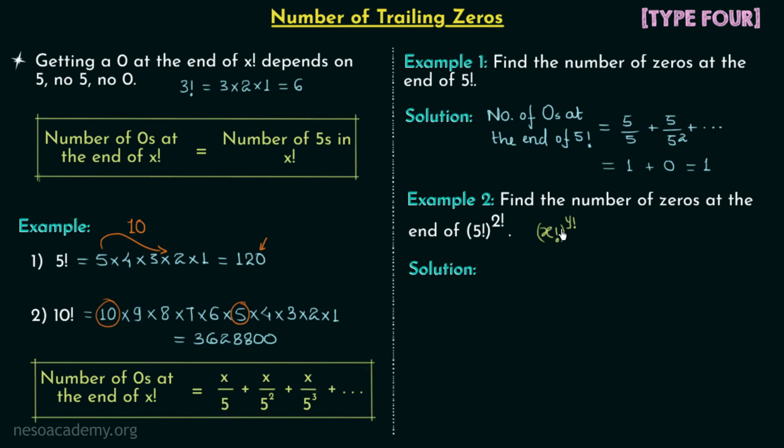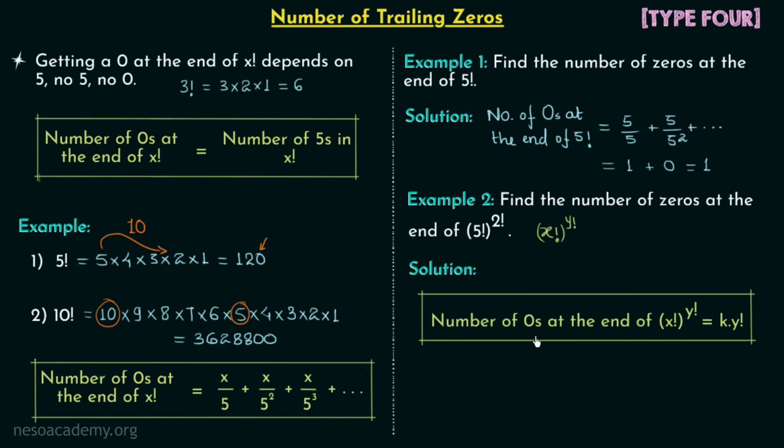So x factorial raised to power y factorial, we want to find out the number of zeros at the end of this. The formula is: number of zeros at the end of x factorial raised to power y factorial is equal to k multiplied by y factorial. We know y factorial, it will be here.